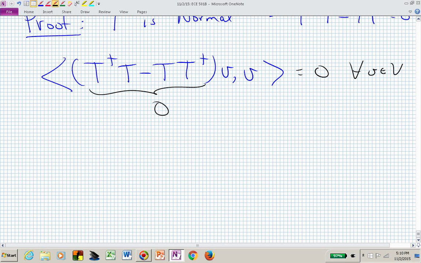And now we can do what? Let's play with the additivity property in the first slot.